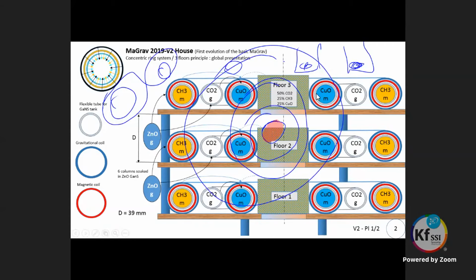Okay, he's asking if the center box mix that he has created is correct. He created that in order to create that exchange that you're speaking of between the coils and the center. And so the mixture is 50% CO2, 25% CH3, and 25% copper. And he's asking if that needs to be changed as well, or if that's correct.